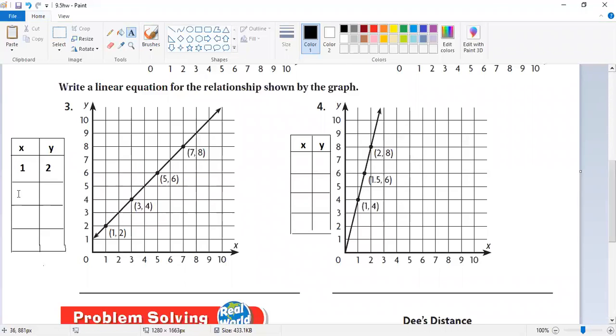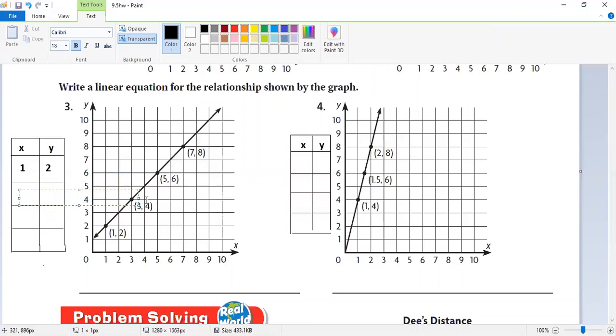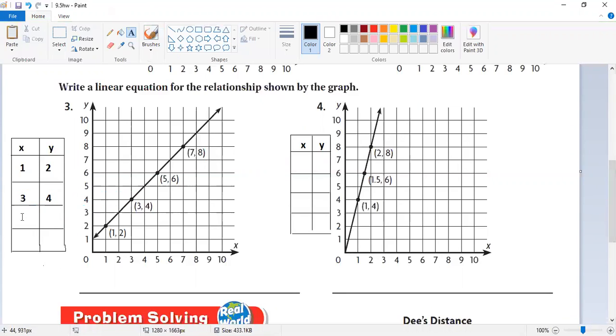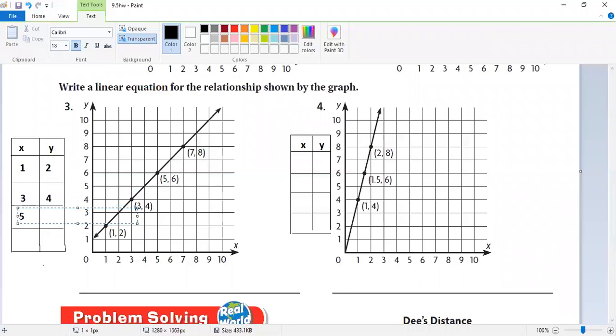In the next coordinate, I told you start from down, it is 3 and 4. So when x is 3, y is 4. Then in the next coordinate, when x is 5, y is 6. By now, you must have understood the pattern of the table. When x is 7, y is 8.